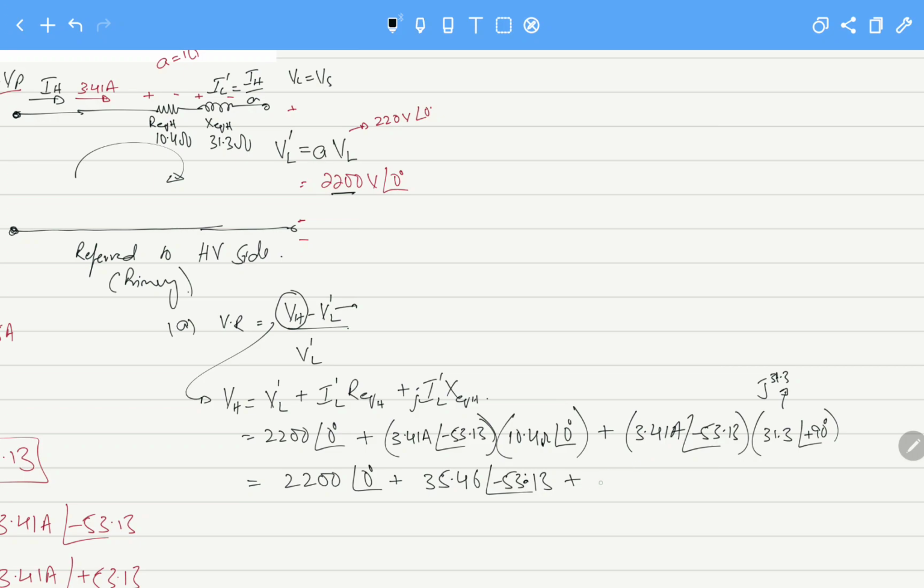plus we will have 73 volts, and the angle we can calculate as 36.87 degrees.